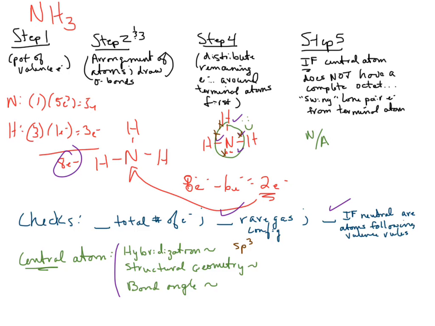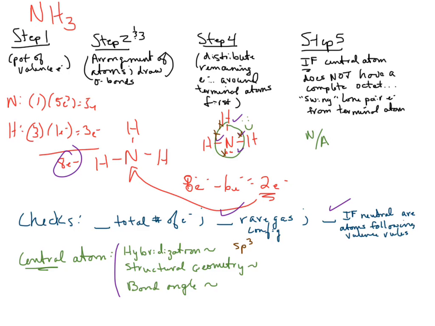With regard to the nitrogen atom, the number of sigma bonds is 3. The number of lone pair electrons is 1. So 3 plus 1 is 4, so we're at that bottom row. That corresponds to sp3 orbital hybridization.